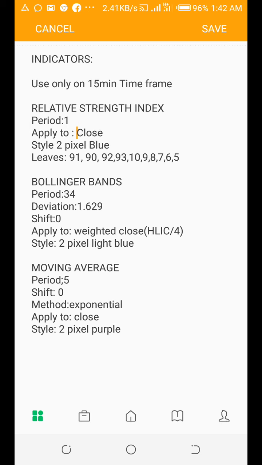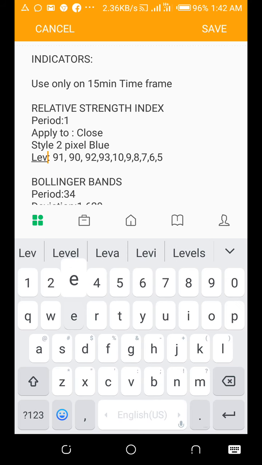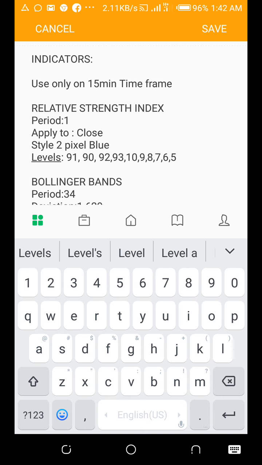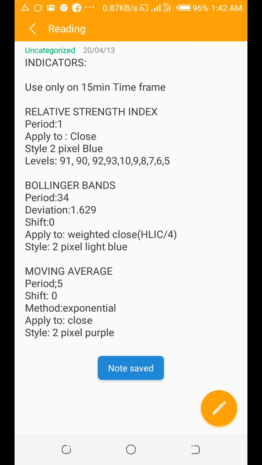Then levels. This one is levels. Our levels are going to be 91, 90, 92, 93, 10, 9, 8, 7, 6, 5. So these are the settings we'll be using.